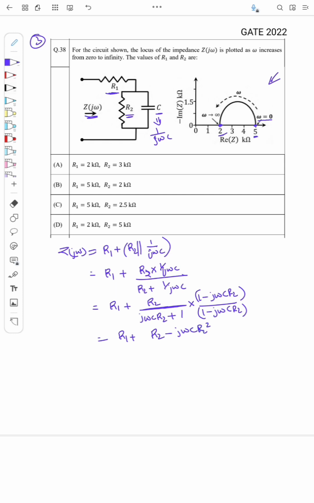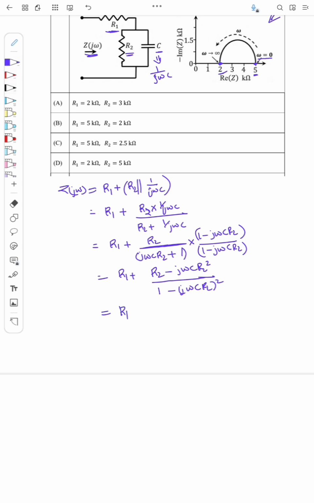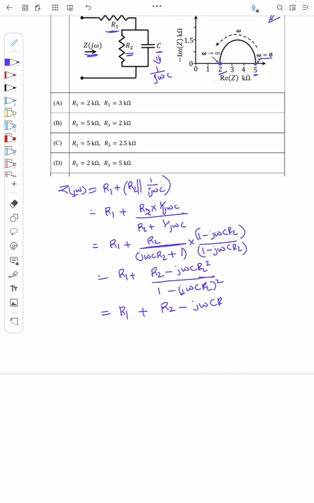So I took R2 into the numerator by this term into this term, so it is like a plus b into a minus b, so a square minus b square. So I can write as 1 minus j omega C R2 square. Okay, so this is equal to R1 plus R2 minus j omega C R2 square by 1 plus, because j square is minus 1, omega square C square R2 square.